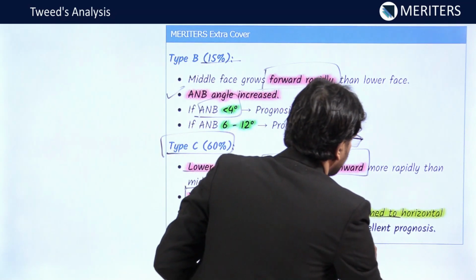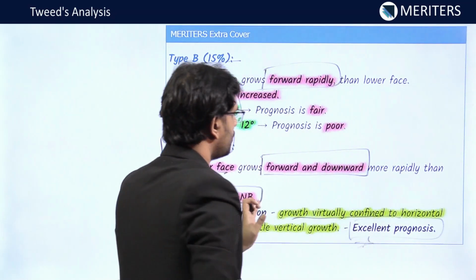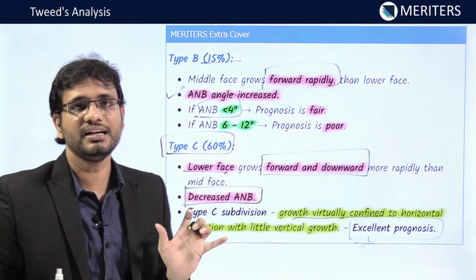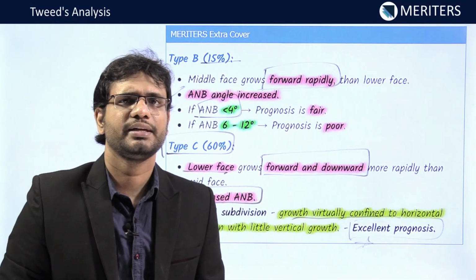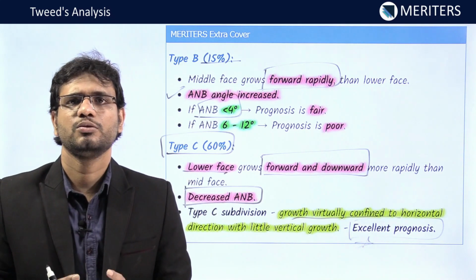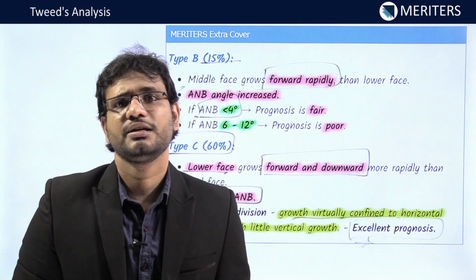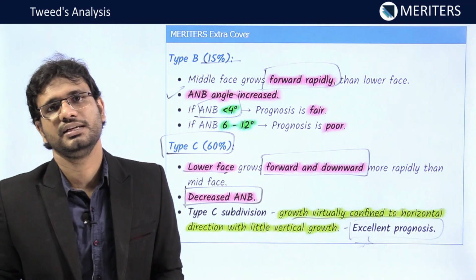So it has an excellent prognosis. So the whole growth is generally confined in the horizontal direction where little vertical growth takes place, and that's why it has a good prognosis, or the excellent prognosis, I can say, out of all the three, right?